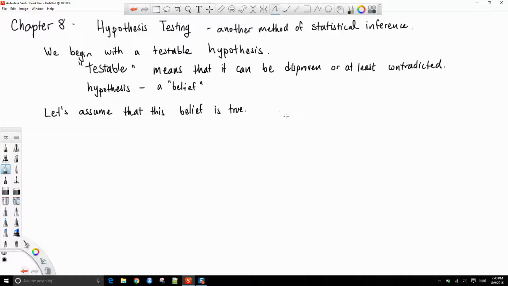Okay, and if this belief were to be true, what would the world look like? Okay, that's kind of what we say. We say if this belief were true, what would we expect the world, or in our case, what would we expect our data to look like? Okay.